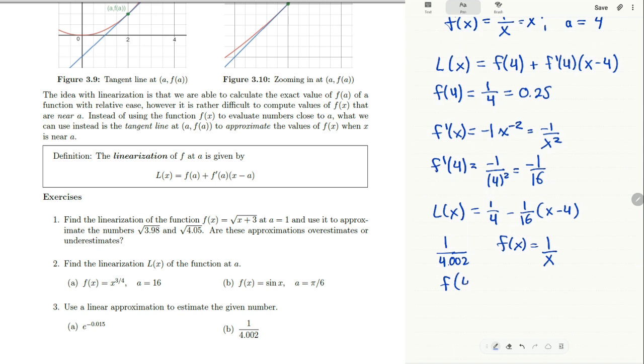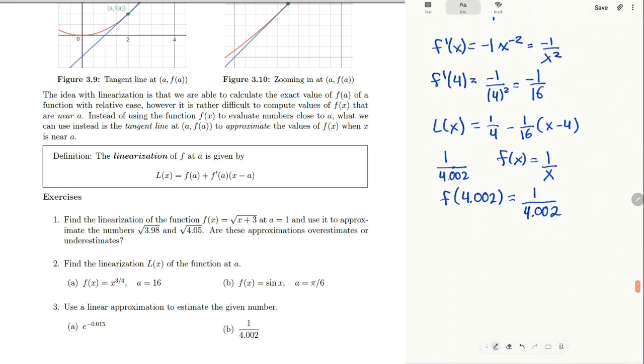Well, if we choose x to be 4.002, then we get 1 over 4.002. And so the x value that we want to use is 4.002. So now this will be approximately L of 4.002.